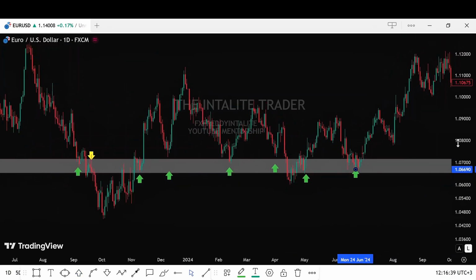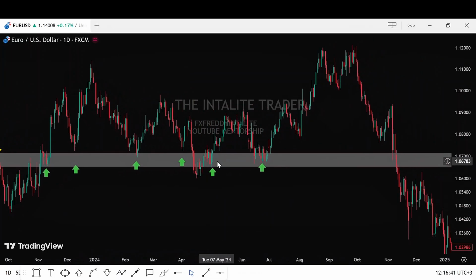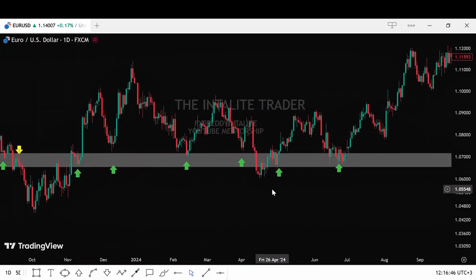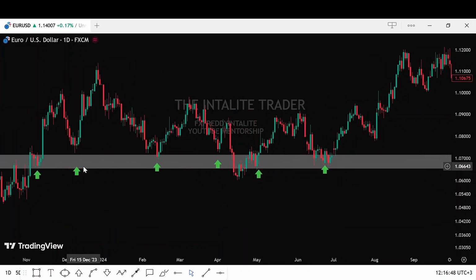So this tells you how key this level is of interest to buyers and sellers. When price comes into the level, sellers close their positions and buyers step in to open new positions. Price comes back into the level, sellers close their positions and buyers open up new positions.